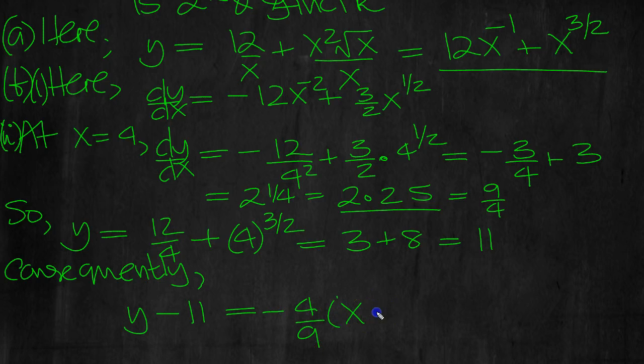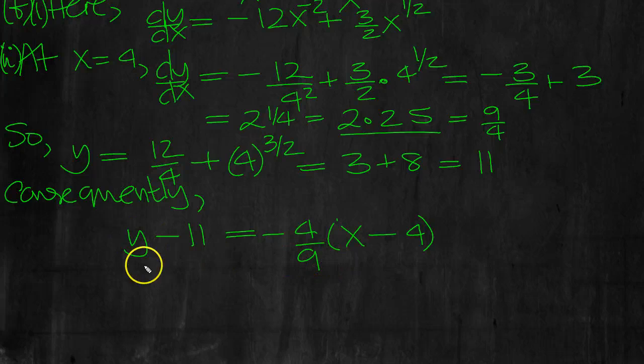And then it's x minus 4. It's minus 4/9 because this product must equal minus 1, mustn't it? Okay, that's what we've got then. So that's the equation. We could move the 9 up if we wanted and expand the bracket, but I'm okay with it being like that.